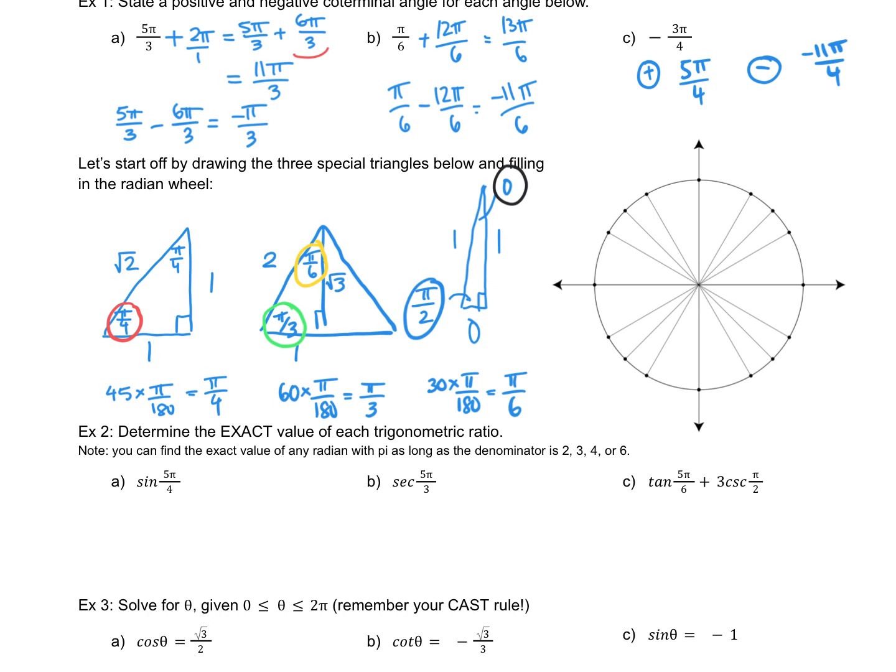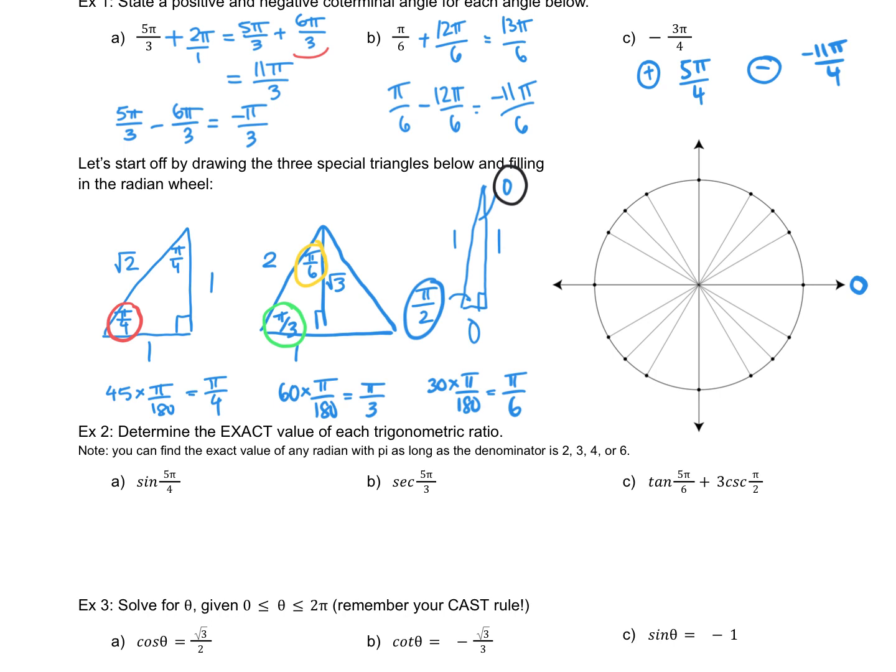Now all of these angles can be applied in different quadrants, like all of the triangles, all of the trig ratios, I can be in various quadrants. So I'm going to fill in this radian wheel one special angle at a time. So first of all, here is 0 degrees.